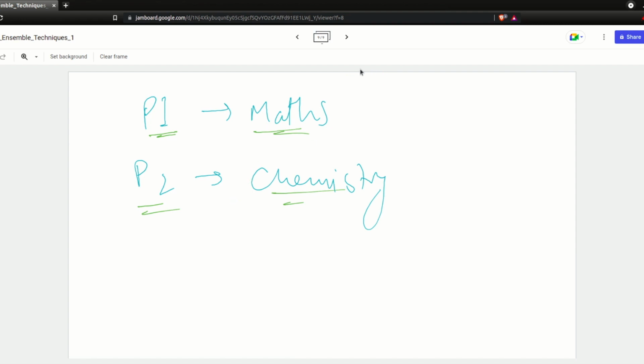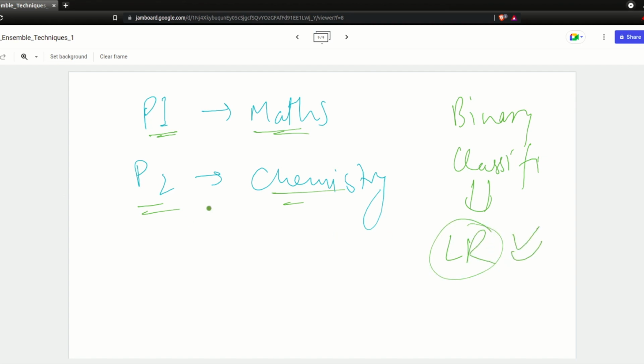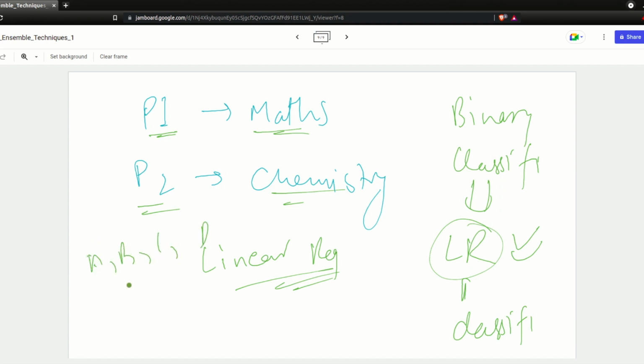So we know beforehand that if it is a binary classification, then probably logistic regression will work well rather than something like linear regression, because that is meant for regression and this is for classification. Also, let's say there are multiple features and multiple class outputs, let's say A, B, C, D. So you may tend to use naive Bayes, basically multinomial naive Bayes.